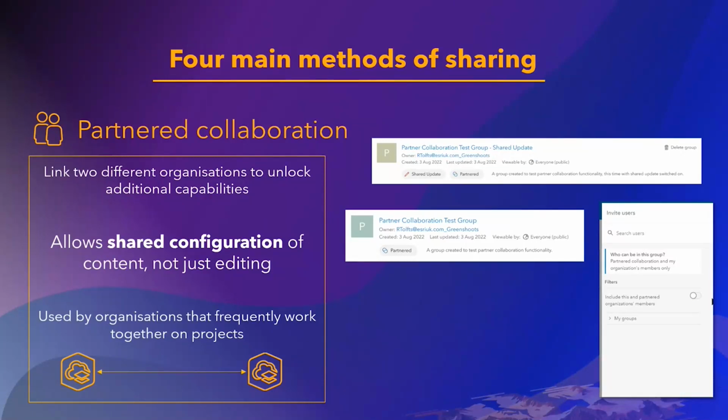Descriptions, tags, and toggles in the settings tabs of regular content can also be edited by either organization. This sets up an even ground where members of both organizations have the same privileges around these items and both organizations can manage them in the same way.